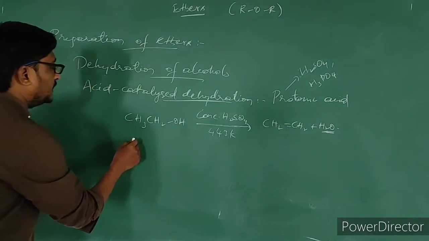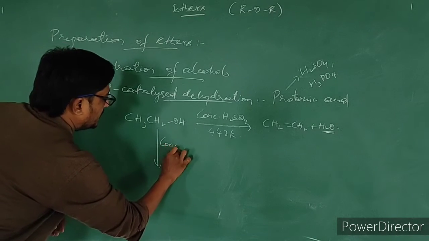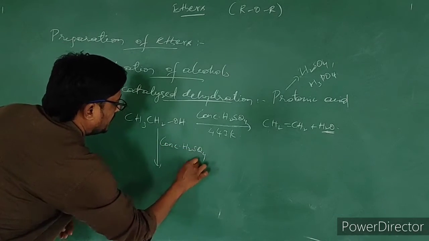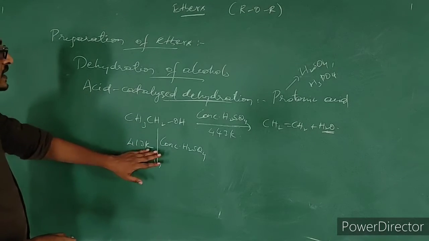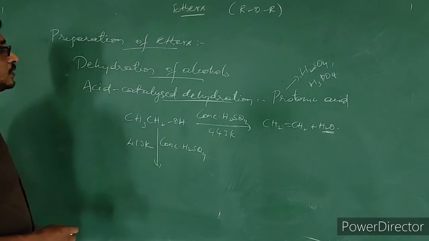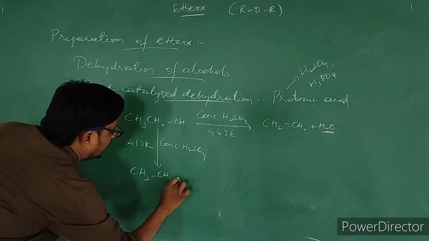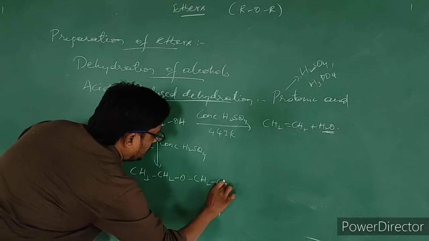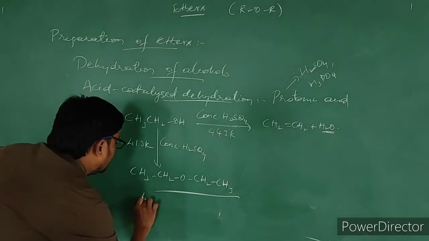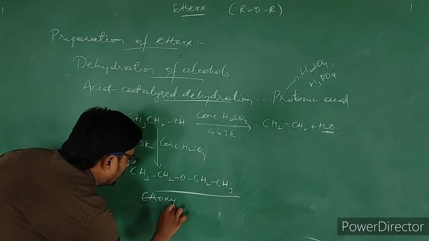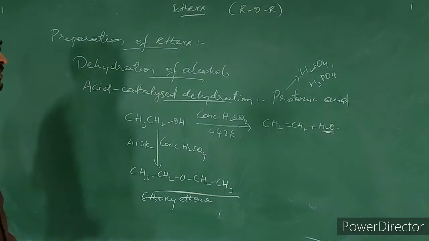But the same ethanol, when treated with concentrated sulfuric acid at a temperature of 413 Kelvin, gives ethoxyethane. Ethoxyethane gets produced in this way. This is the ether.